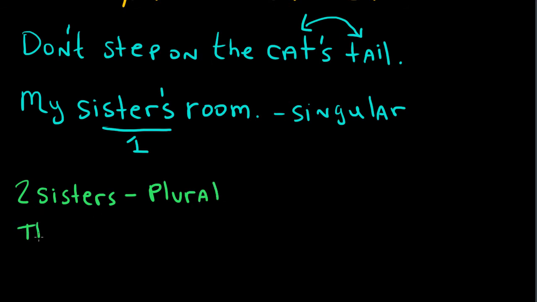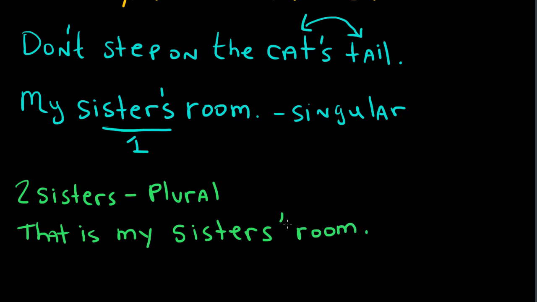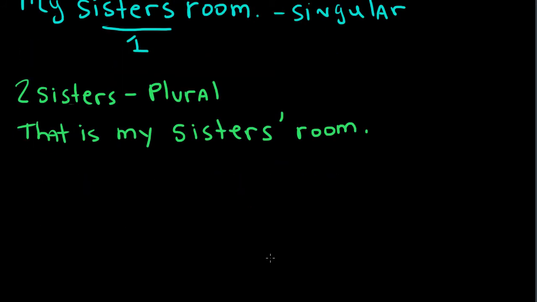And you can say, that is my sisters' room, because you have two sisters and it's plural. If you have one sister, it's singular. So when something ends in an S because it's plural, you put the apostrophe after the S.